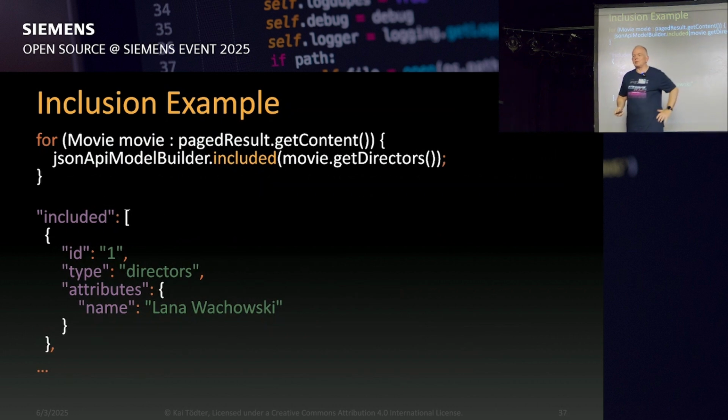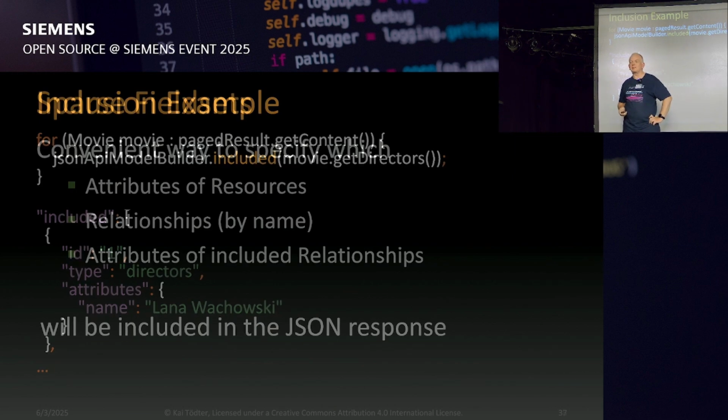And here, for instance, many of you have seen The Matrix, and one of the directors is Lana Wachowski. In the API, you can just say, hey, I get the result of all the movies, and I want to include in the result also the directors of one particular movie.